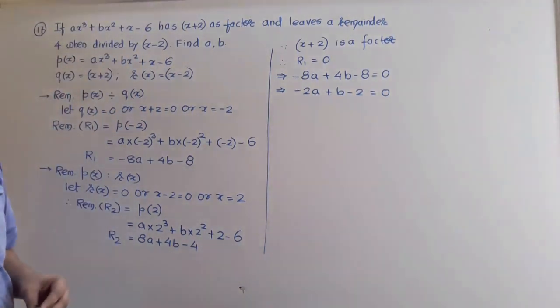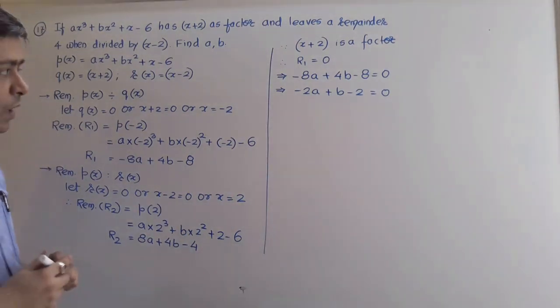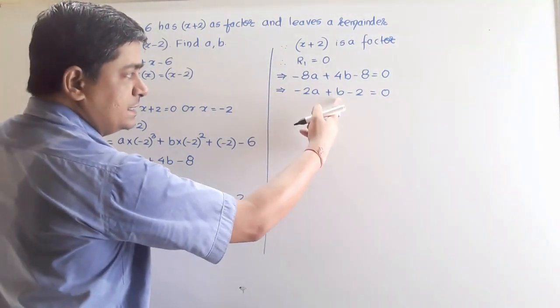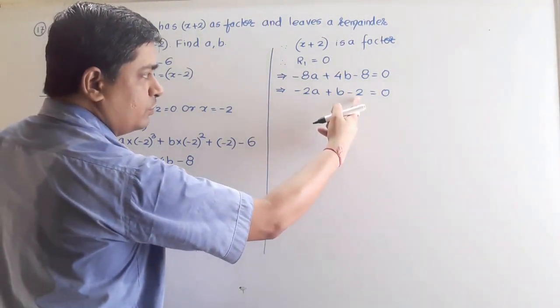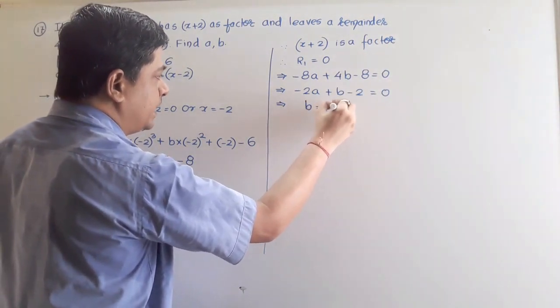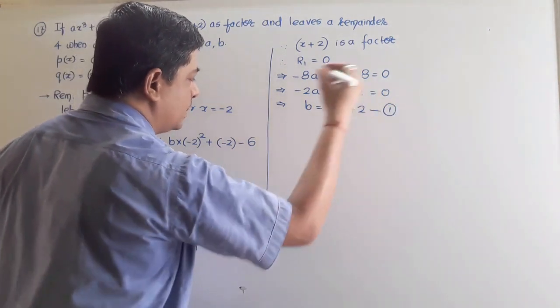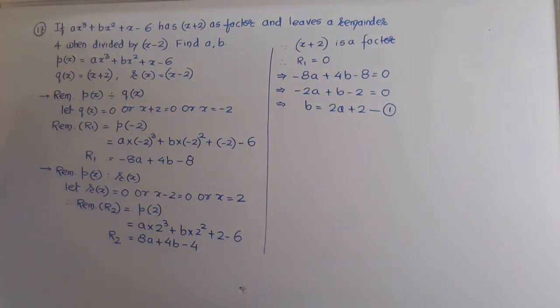Remember, the whole equation I am dividing by 4. Okay, now b I will keep it as it is, and minus of 2a and minus of 2 I am sending onto that side. So value of b I am getting here plus 2a plus 2, because both the terms will become positive when they will be shifted onto the other side of the equation.